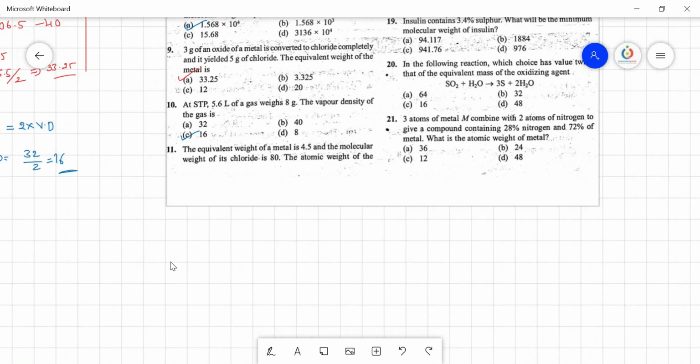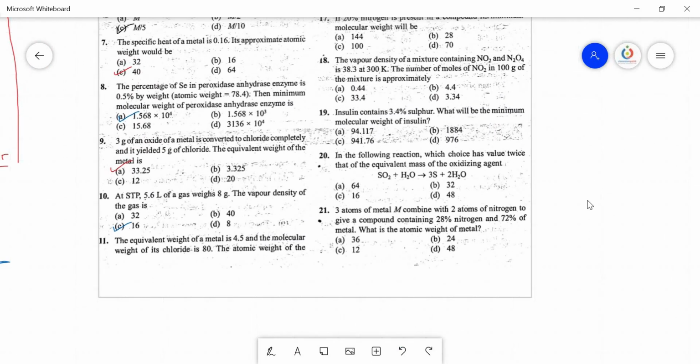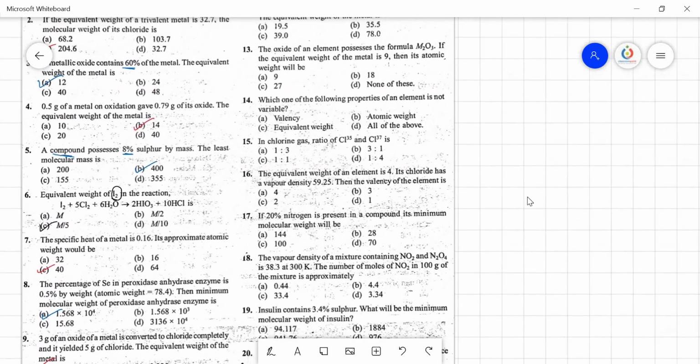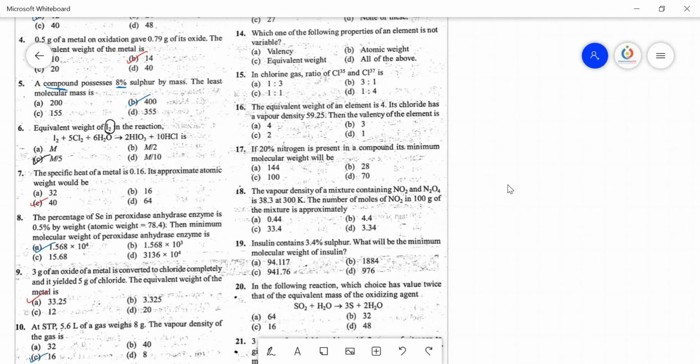Now, let us see the question number 11. The equivalent weight of a metal is 4.5. Equivalent mass is given. And the molecular weight of its chloride is 80. The atomic weight of the metal is. So, atomic mass they are asking here.